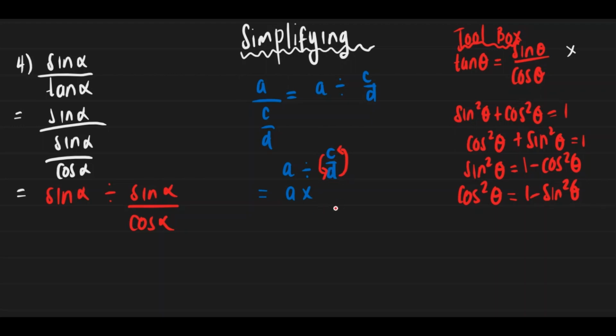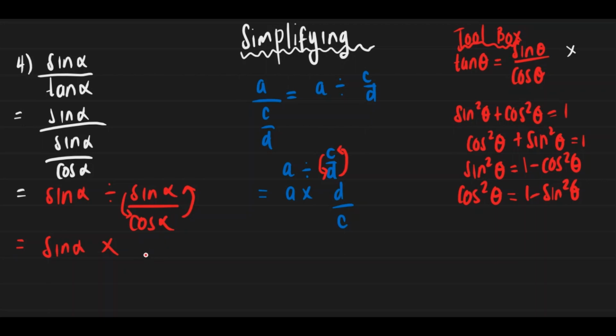What's on the bottom comes on top, and what's on top comes to the bottom. So it's going to be D divided by C. So what we're going to have is equals to sine alpha, only this one changes. It's going to be multiplied by this going up and this one going down.